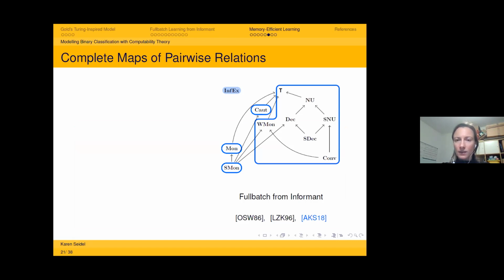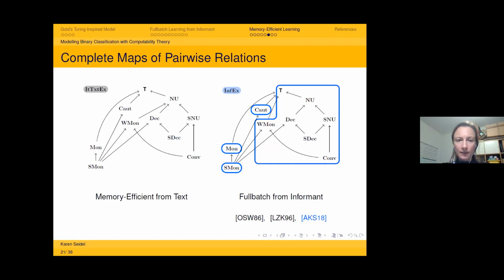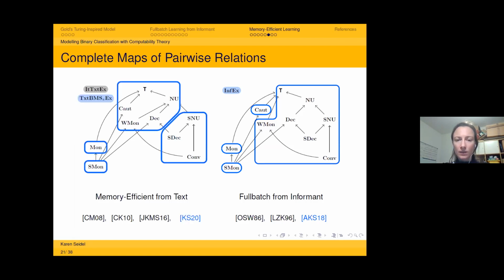Okay, so we first saw this map of full batch or full information learning from binary labeled data, and for learning from text. Also for iterative learning, this map was known. So there have been very impressive results to achieve that. And what we also observed is that for the BMS star algorithms, so the algorithms based on states, this looks the same.